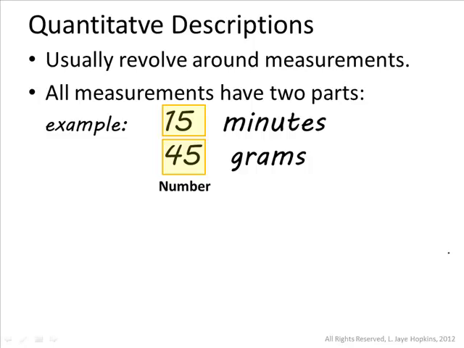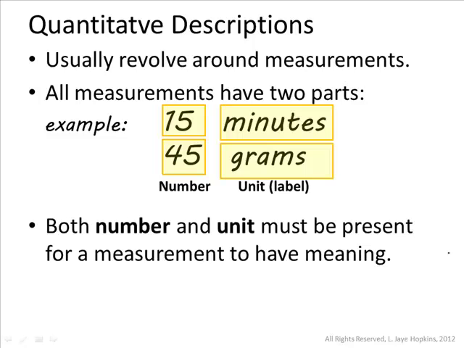The first part is the number. This is the information that gives us a magnitude or a value to the information that we're seeking. The second part of a measurement is always a unit or a label. And it's important to realize that whether we're dealing with a casual measurement or a very technical one in a laboratory setting, all measurements must have both a number and a unit for them to have meaning.